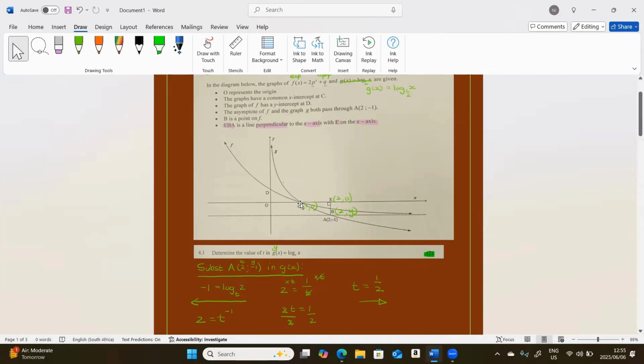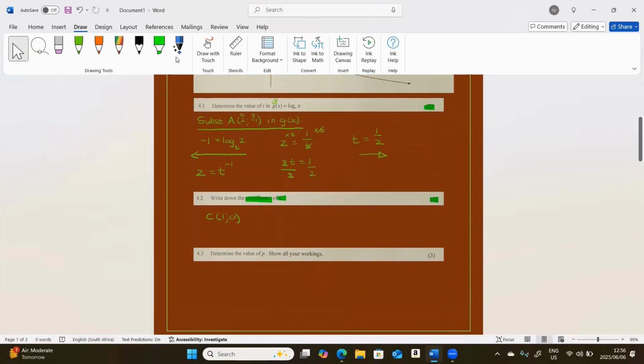At the specific intercept, we know that the y would be equal to 0. So you can use that principle. For an x-intercept, we equate y to 0. Okay, so that's the principle that you could have used.